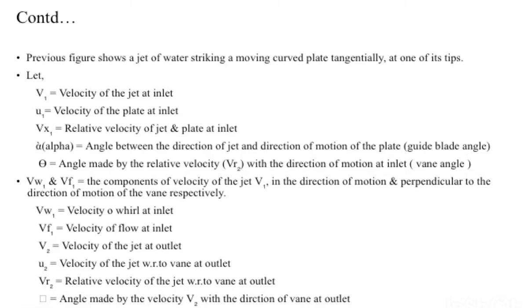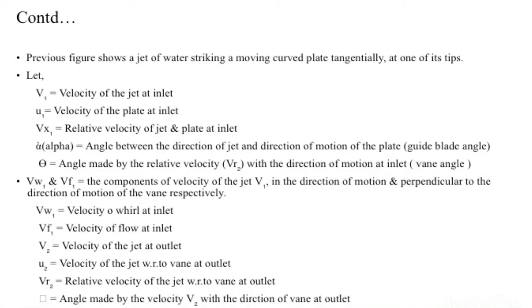Again, the components of velocity v2 in the direction of motion of the vane and perpendicular to the direction of motion of the vane are vw2 and vf2 respectively. So vw2 stands for velocity of whirl at outlet and vf2 stands for velocity of flow at outlet.